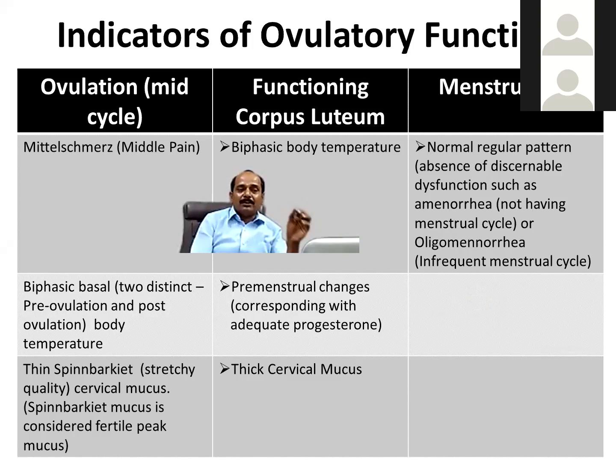This is normal. Then you can ask them to record the BPT chart, biphasic basal body temperature, pre-ovulation and post-ovulation body temperature. Then you have to ask them to test their cervical mucus. The thin, clear, stretchy quality cervical mucus is considered as fertile peak mucus.